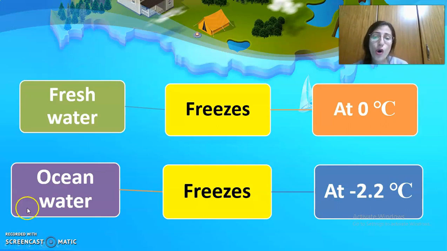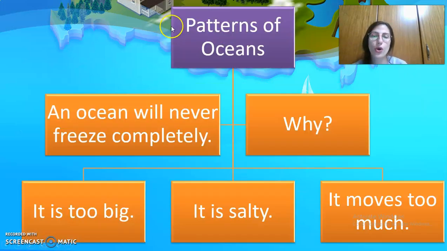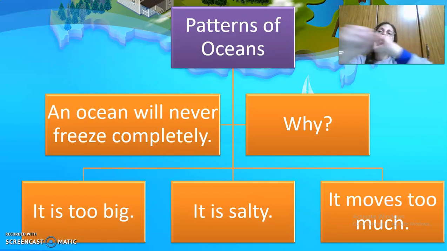Now we said that the ocean water freezes partially, but the fresh water freezes completely. Why does the ocean water freeze partially? Let's remember, what are the patterns of ocean? Ocean water will never freeze completely.